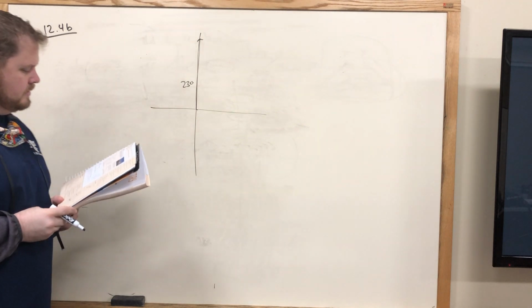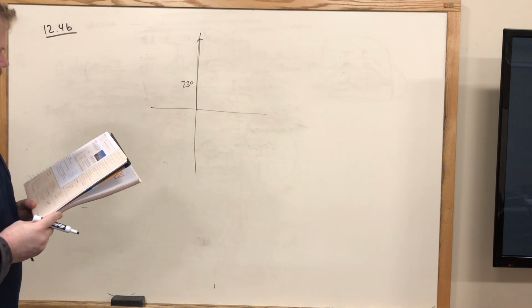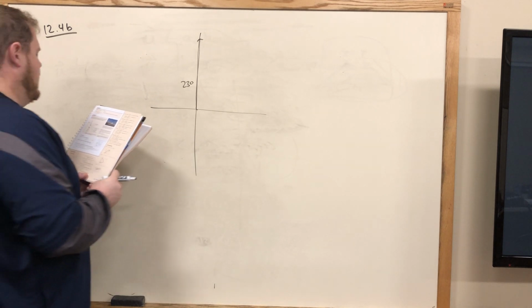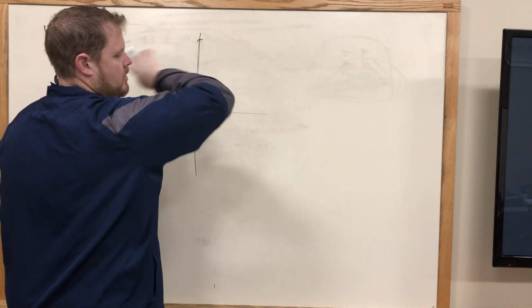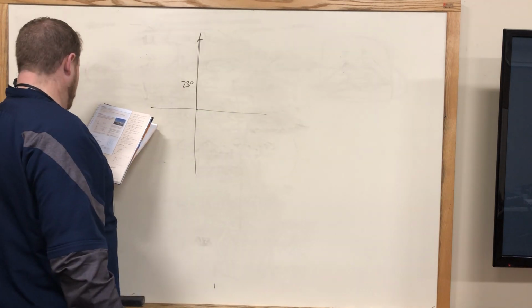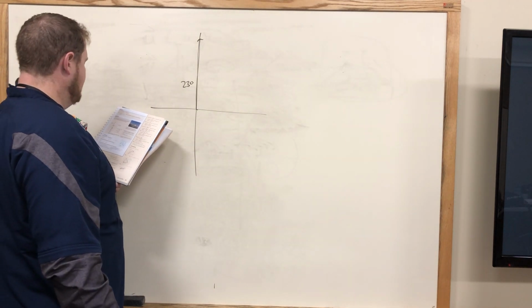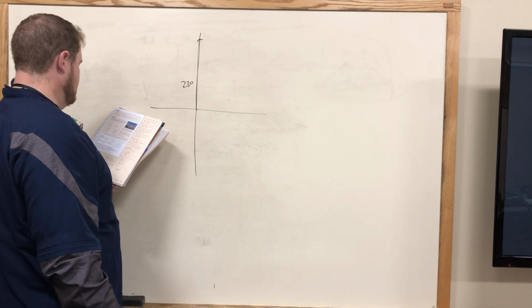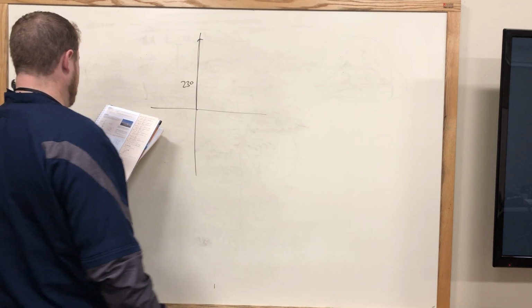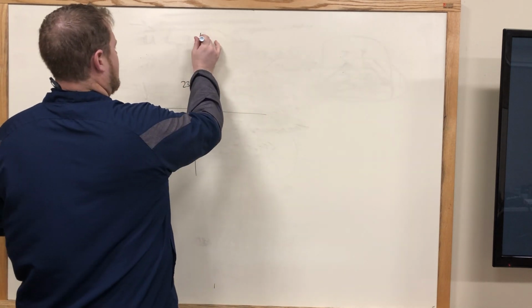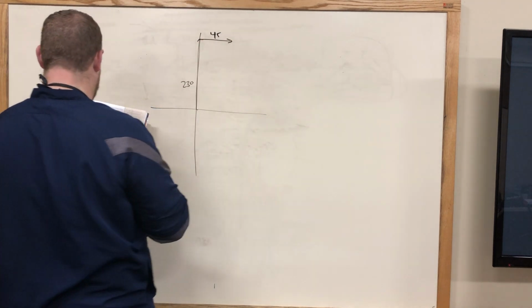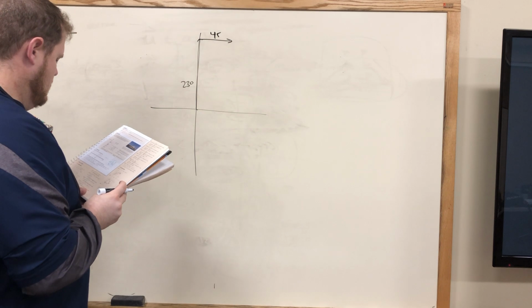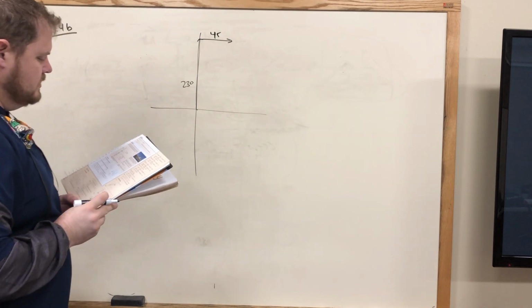Then it says if a steady wind is blowing from the west, so in other words blowing this way, 45 miles an hour, determine the resultant speed. So this one's this way, and this one's this way, 45. We need to find the resultant.